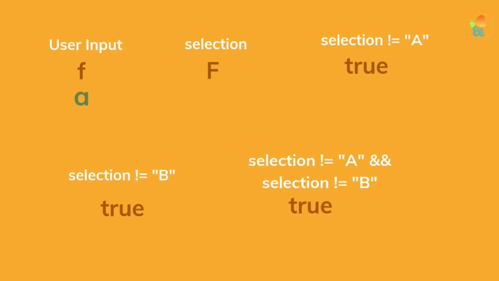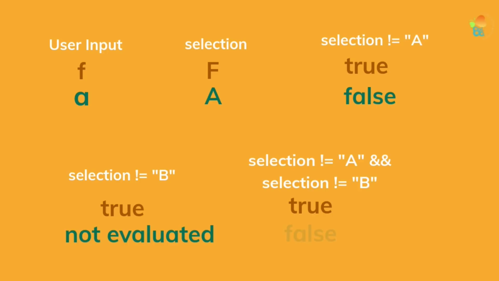If the user enters lowercase a, it will first transform to uppercase A, and then it will check the first expression. As we set selection not equal A and we entered A, the expression is definitely false. It will not check the next expression as the first expression is false, so the condition is false and we exit the loop.